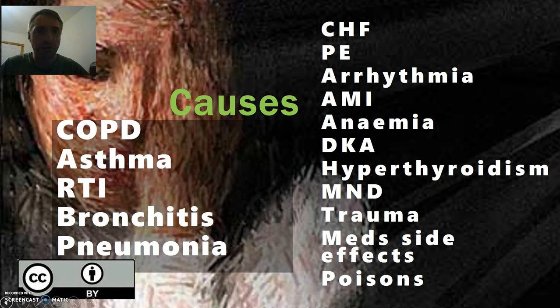Our non-respiratory causes of shortness of breath: congestive heart failure, pulmonary embolism, cardiac arrhythmia, acute myocardial infarction, anemia, diabetic ketoacidosis, hyperthyroidism, motor neuron disease, some traumatic situations, medication side effects, and poisons. So there are some of the respiratory and non-respiratory causes of shortness of breath.